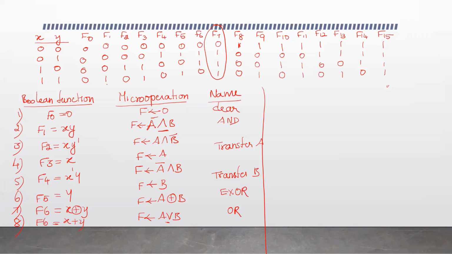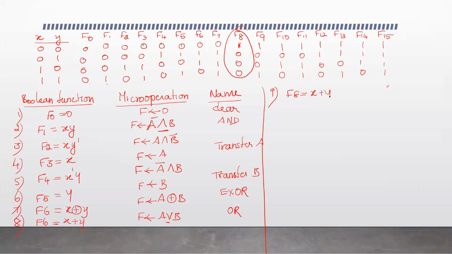And let's take the next operation, the ninth one, F8. What is the function here? 1 0 0 0. You see the previous case 0 1 1 1, and it is just the complement of this result F7. So can we say this is the complement of the previous one?